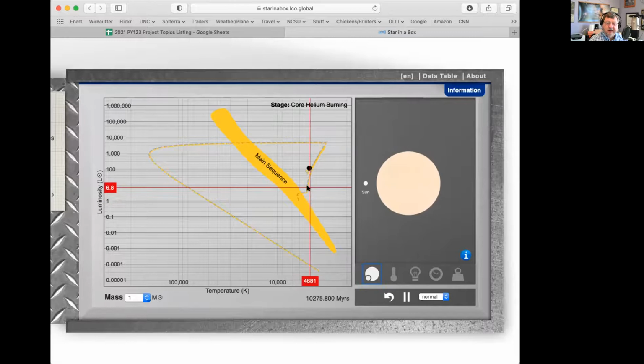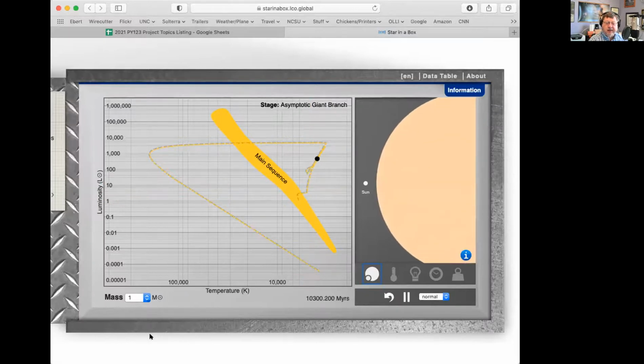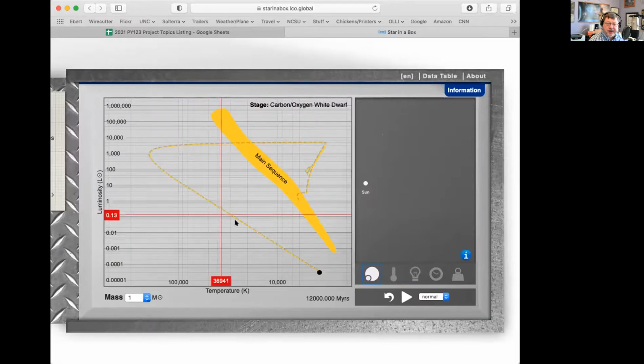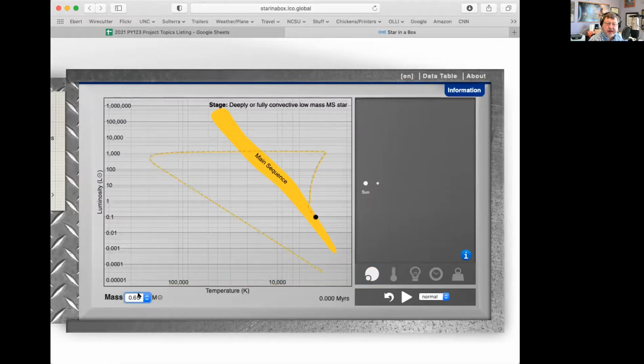Snaps down, goes up again. And then as it comes across, this stage is relatively quick, and then it comes down and becomes a white dwarf.